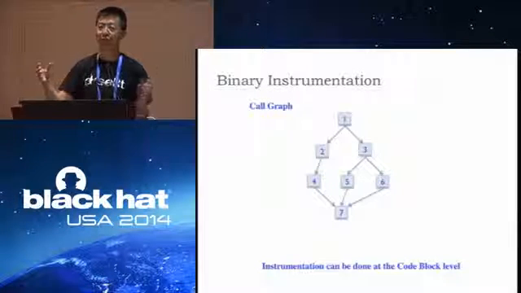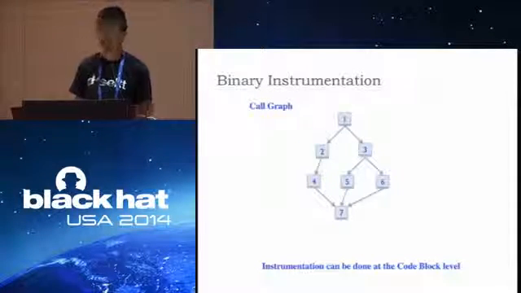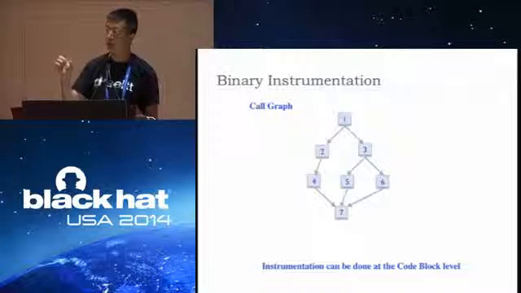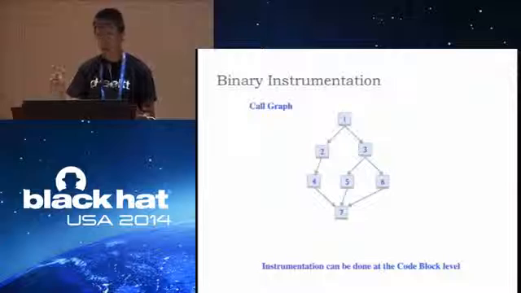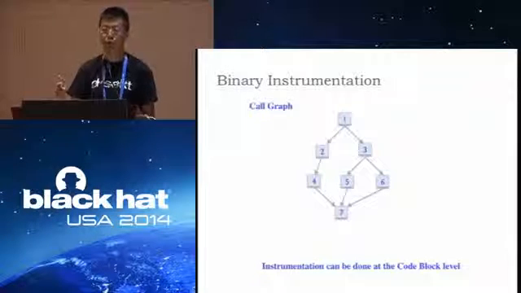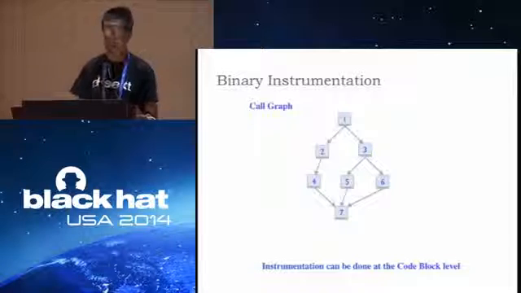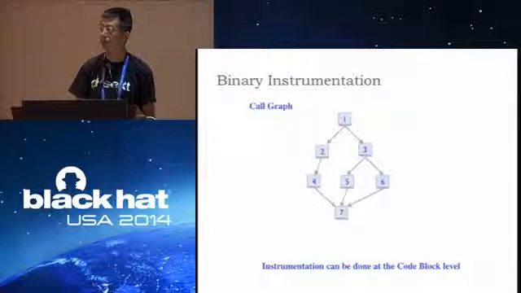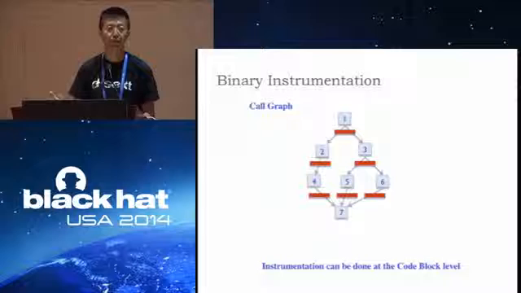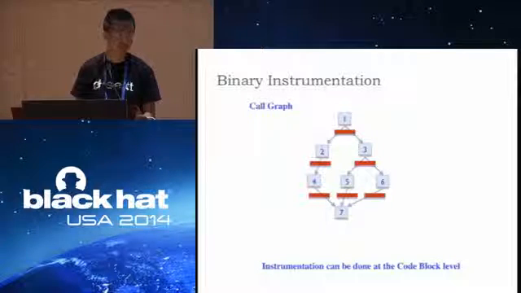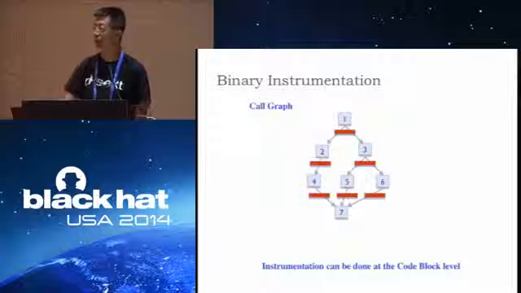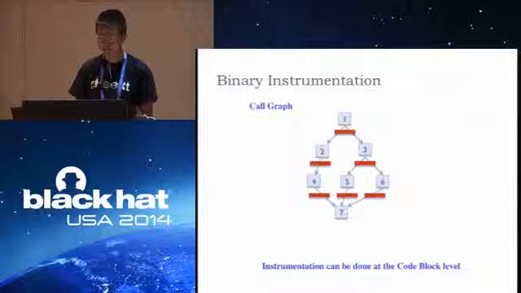IDA generates this graph, and in it each block is a piece of code, usually without a branch inside. Based on the execution outcome, it can go to different code blocks. To observe code behavior, you usually just need to instrument the end of each code block. This is enough for you to know how the program executes.